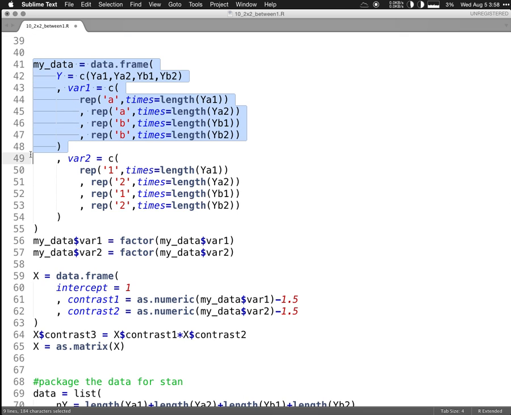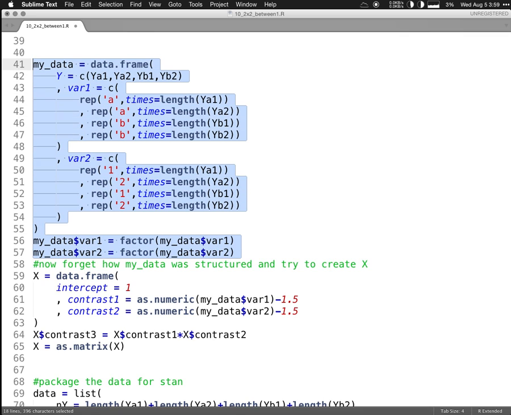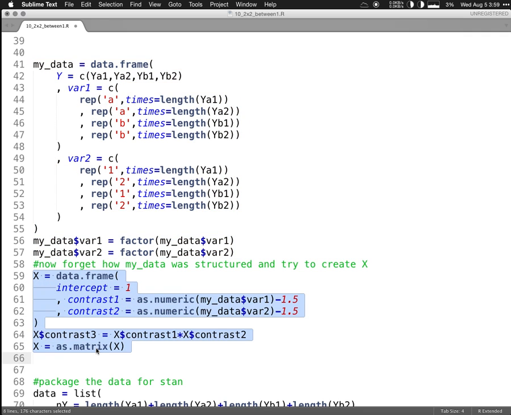We created this data frame. We pretended that at this point, okay, now forget how my data was. So even if we didn't have any knowledge about this sort of repetition format for my data, this would have still got out the proper contrast matrix.